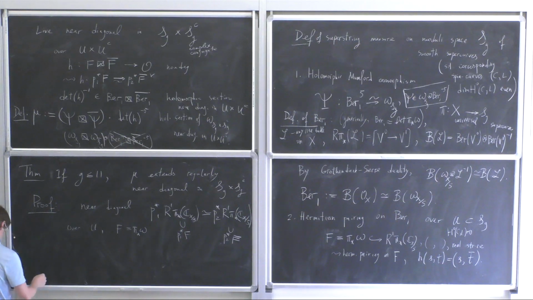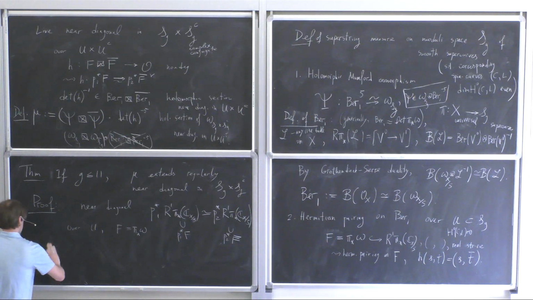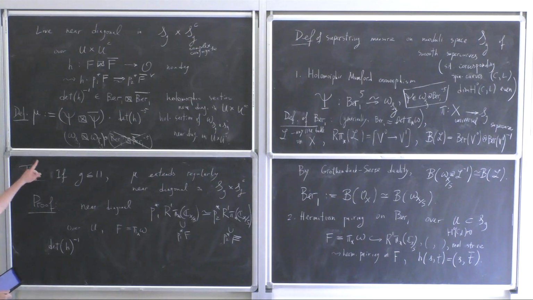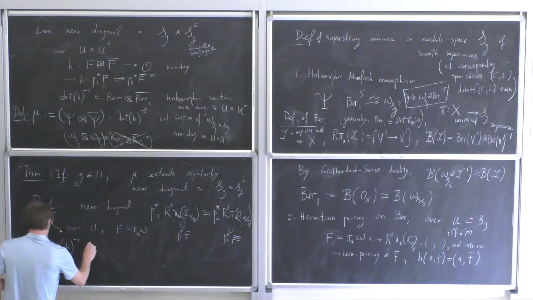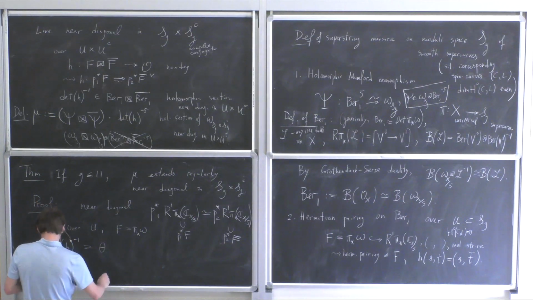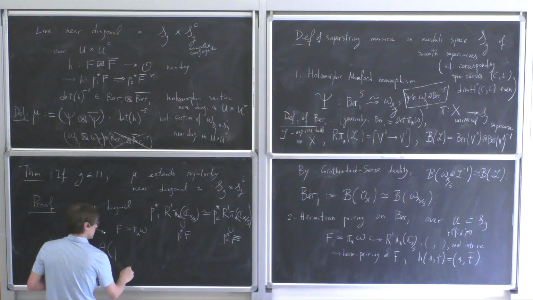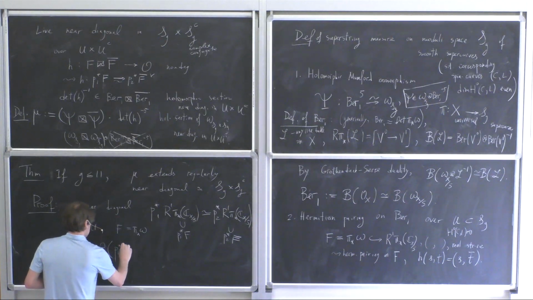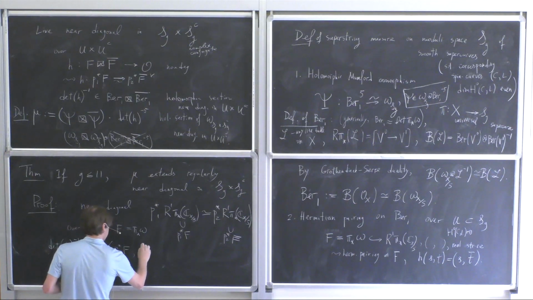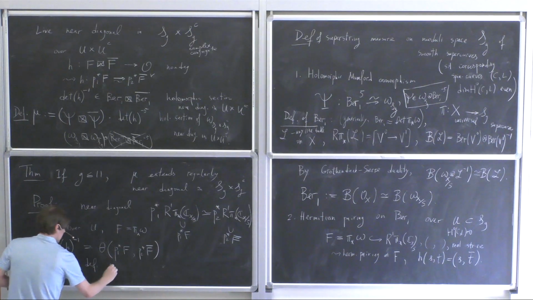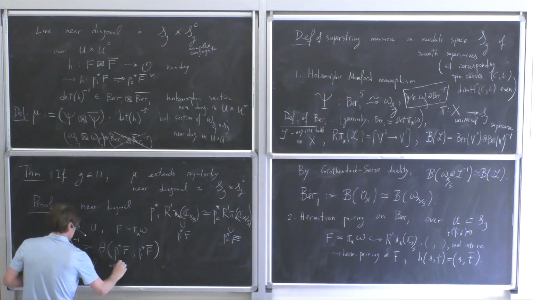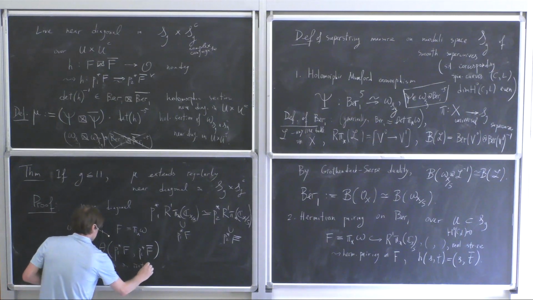And then it's easy to see that this determinant of H inverse, which I wrote over here, can be expressed in terms of this isotropic intersection setup as theta inverse of these two maximal isotropic subbundles, defined as in the isotropic intersection setup.